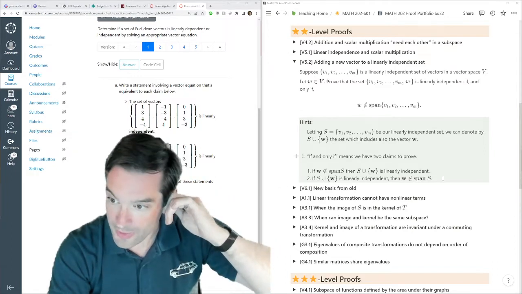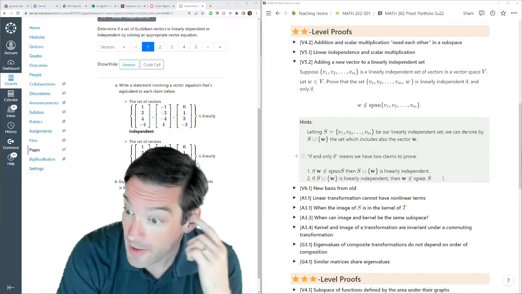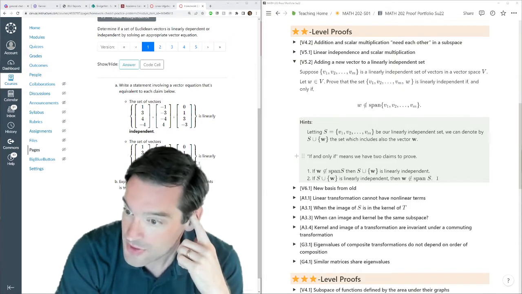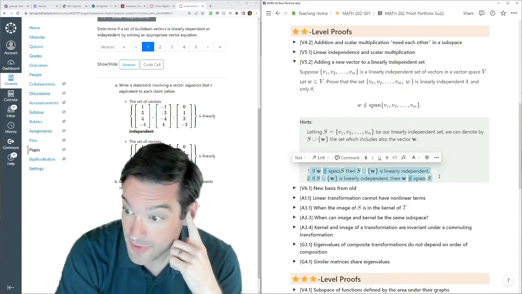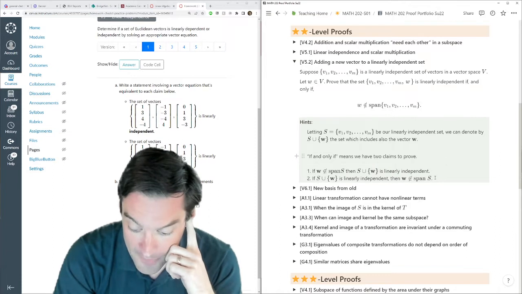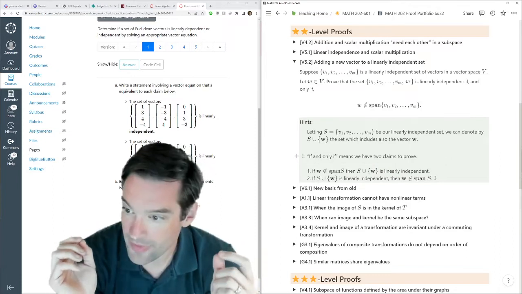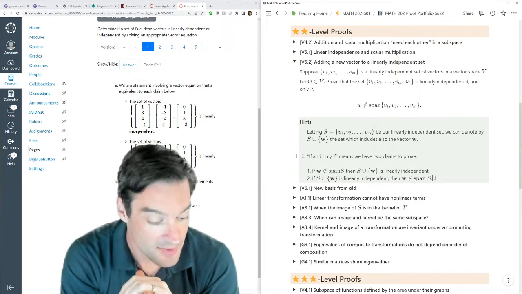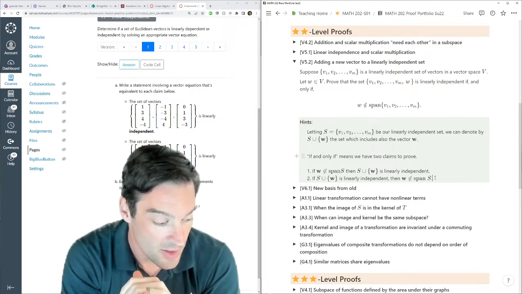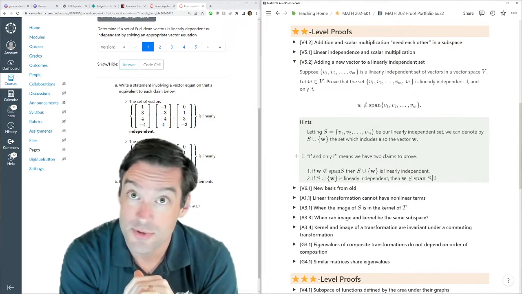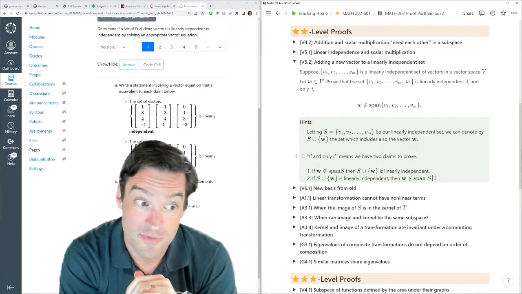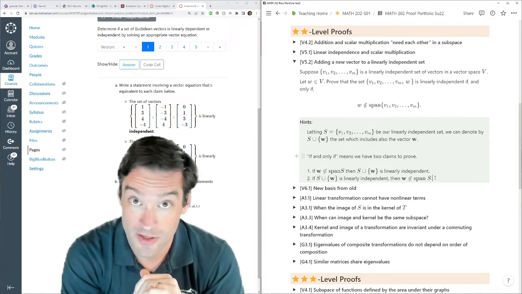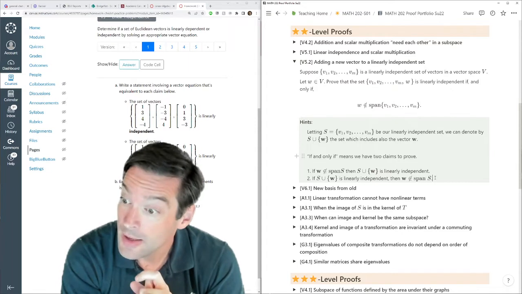So I think, why don't we do this? Let's look at these two assertions that we would have to prove. And instead of framing them in terms of linear independence, because linear independence is kind of a statement about uniqueness of solutions to a certain vector equation, right? The uniqueness of the solution to the homogeneous vector equation involving those vectors.